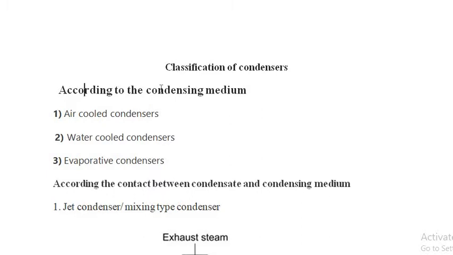According to the condensing medium, we have three types of condenser. First, air-cooled condenser. Second, water-cooled condenser, and third, evaporative condenser. I will discuss the air-cooled, water-cooled, and evaporative condensers briefly later because this is in your syllabus.